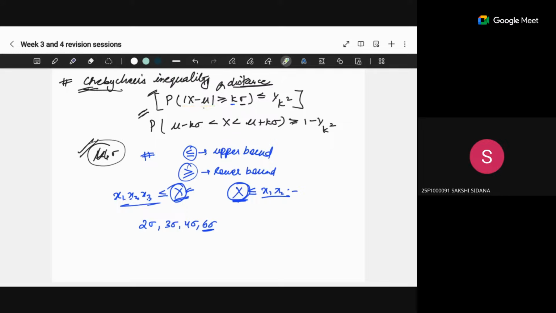Yes or no? Yes, ma'am. So what is the probability that my x is away from mu by k sigma, or by what standard deviation is my x away from mu? Got the point? Yes, ma'am.